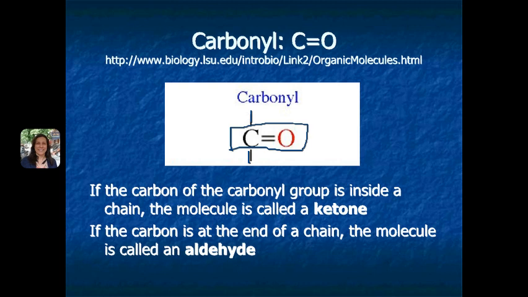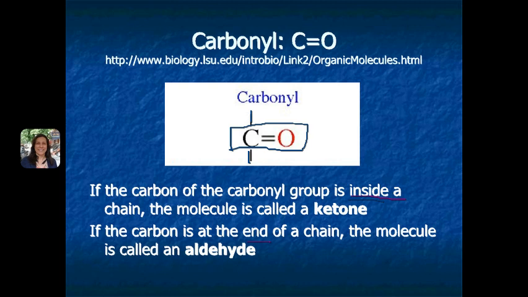So the carbonyl group can be located either on the inside of a chain of molecules, or it can be at the end of the chain, and the resulting complete molecule is going to have a different name depending on whether the carbonyl group is at the end of the chain or on the inside, in one of the inside carbons of the chain.